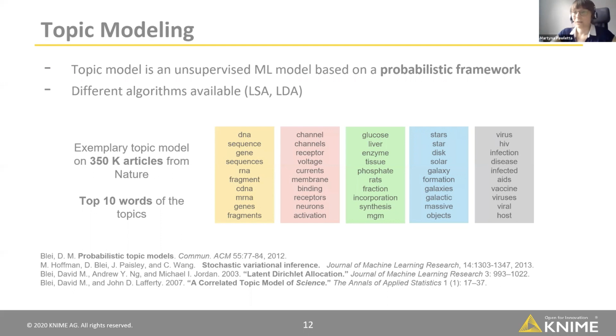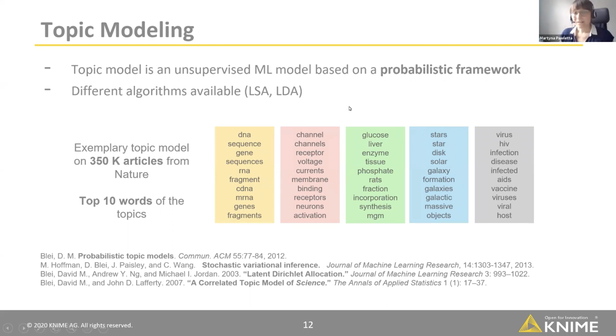And there are different algorithms available, like, for example, latent semantic analysis, or, I think the most popular in this area, the LDA algorithm, which is the latent Dirichlet allocation, published by David Blei in 2003. So I added some references here at the bottom. And today we will mostly focus on the LDA, as this is the algorithm that we use in KNIME to implement topic modeling.